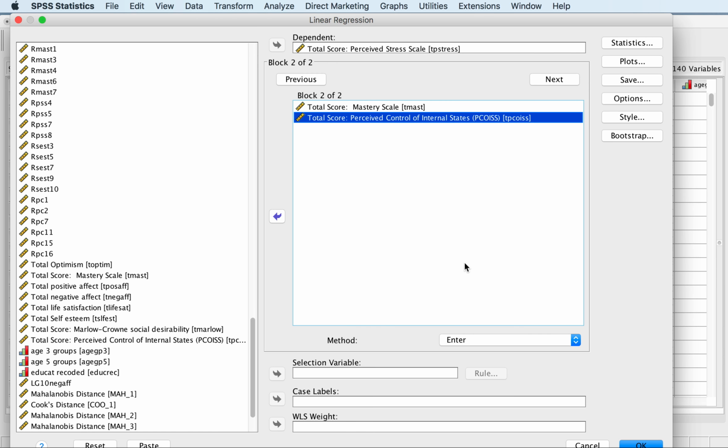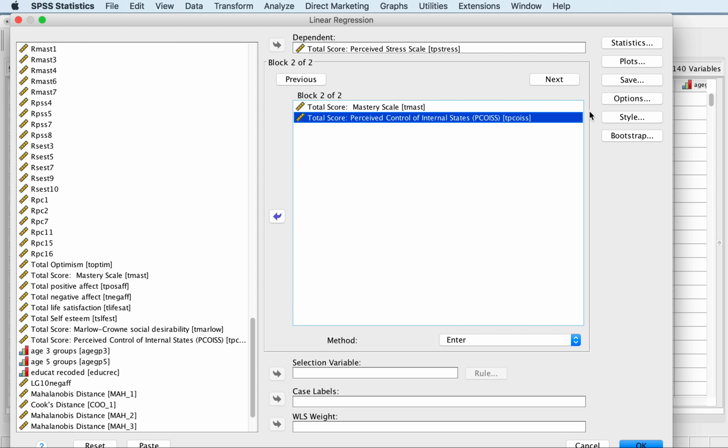Then it enters the second block, and what we'd like to see is that the second block, even with those first two variables in the equation, accounts for a whole bunch more variance in y than the first block did. When we enter the second block, it's all four variables together, not just these two by themselves.